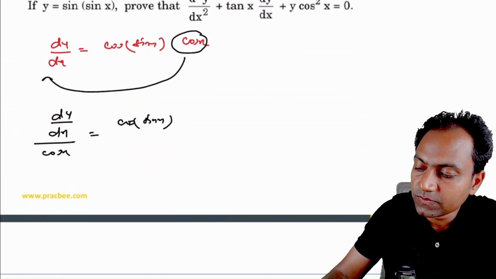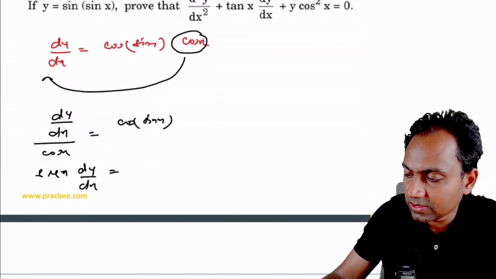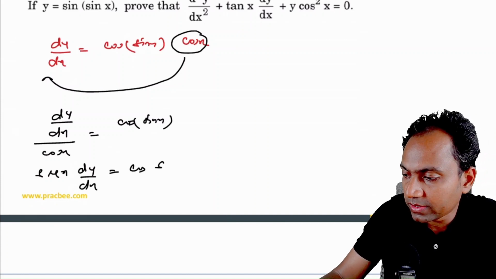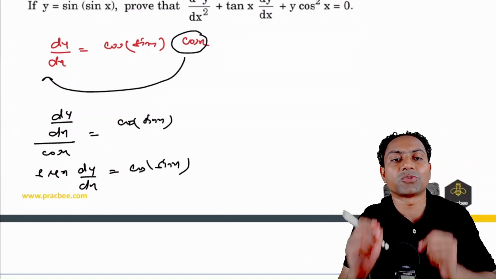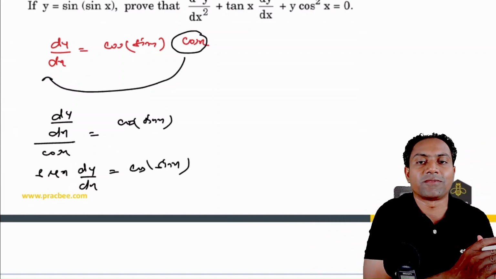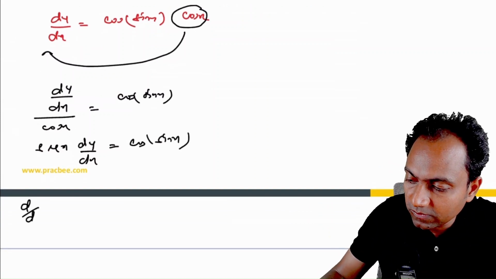Now what we can do is we can write this as nothing but sec x dy by dx. And this is a very famous technique because this will avoid some substitution. I'm not saying every substitution will get avoided, but some substitution we can avoid by just taking one term on the left hand side.